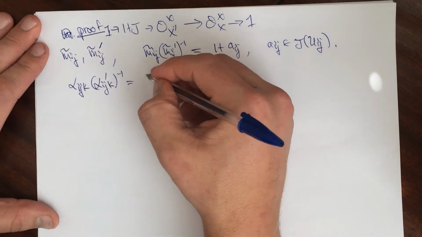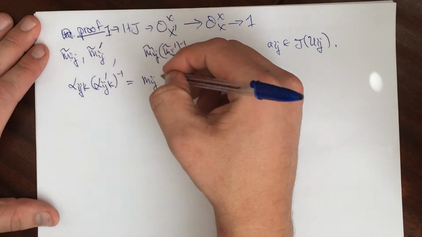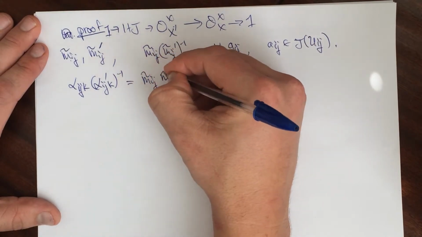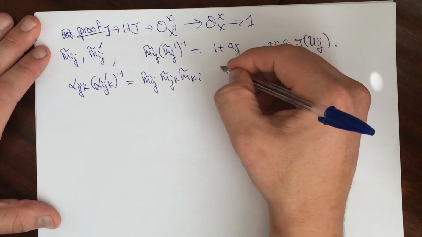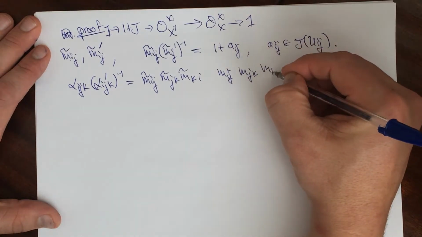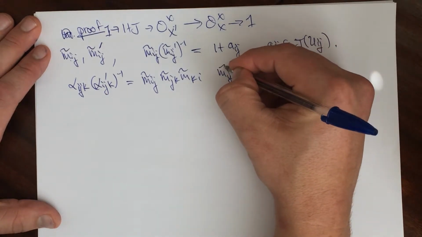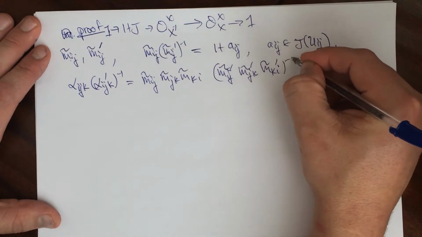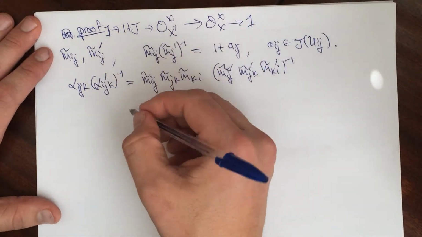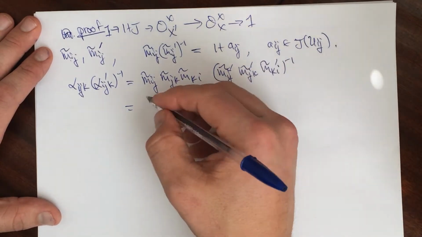When we do the difference of these two, this is elementary again. So Mjk, Mki tilde tilde tilde, and then here we have the same thing with the tilde primes inverse, and now we're going to use the commutativity of these groups to clump things together appropriately.